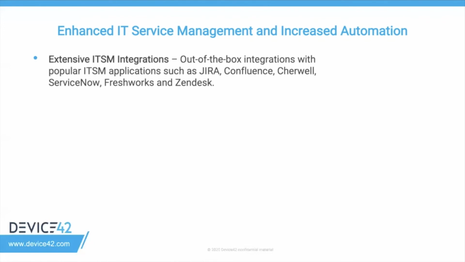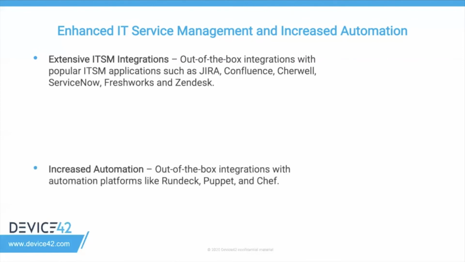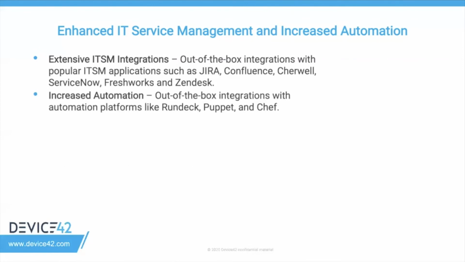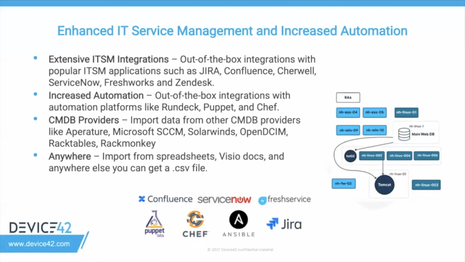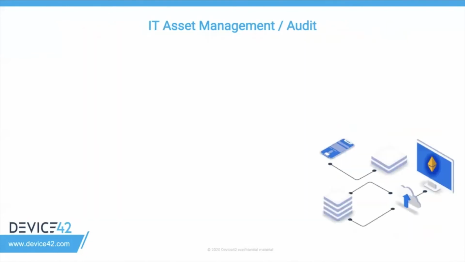Data can be easily shared across our platform into tools like ServiceNow, Jira, Zendesk, and Freshworks. It can also enable increased automation through the connections of tools like Rundeck, Puppet, Chef, and several others. Other CMDB providers can also be leveraged, and data can be imported from the likes of Aperture, and data can be imported from anywhere. We have extensive integrations to many different tool sets.